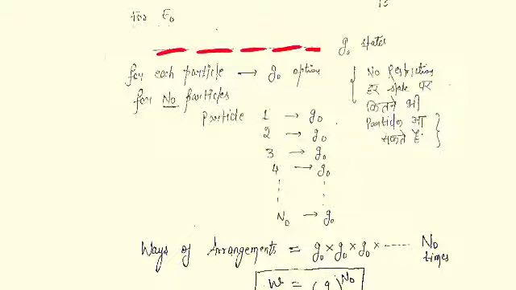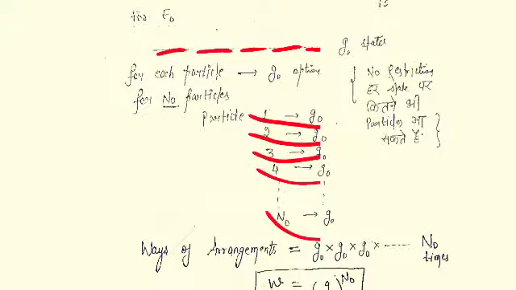Now if you want to arrange a particle, you have to put it in one of the G0 states. So for each particle there are G0 ways of arrangement, to put that particle in the energy state E0. For one particle G0, for the second particle, third particle, fourth particle, as well as for the N0th particle, there are G0 ways of arrangement.